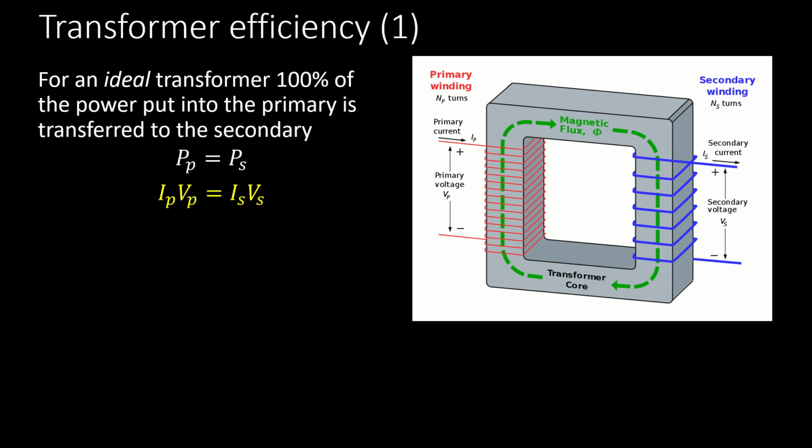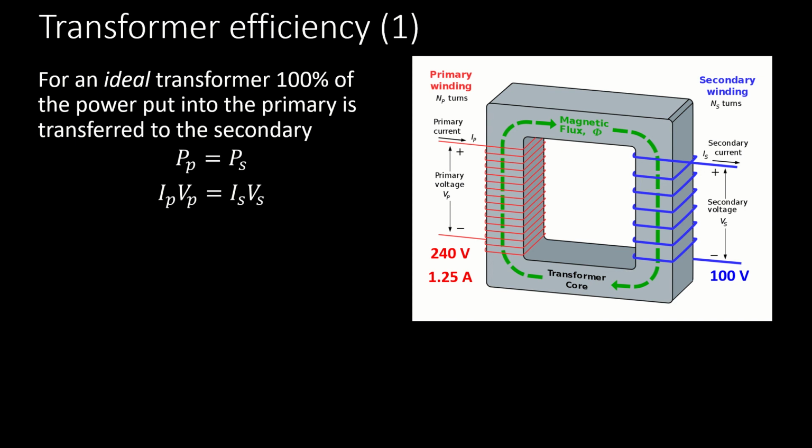Now, if we took that same setup as before, if we say we've got this 240 volts to 100 volt transformer, and let's say we had 1.25 amps going into the primary, I just made that number up, okay? How much current would we get out of the secondary?